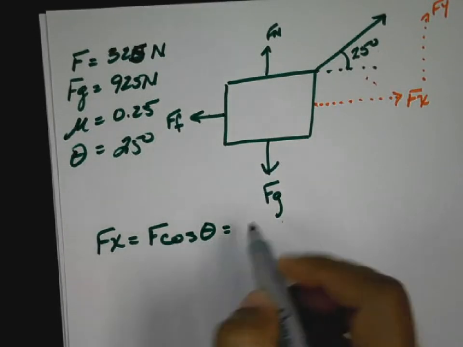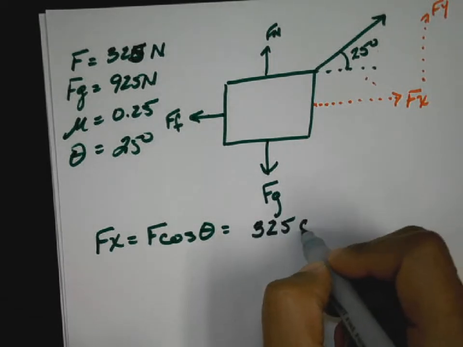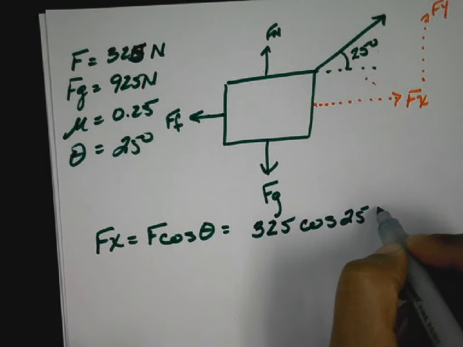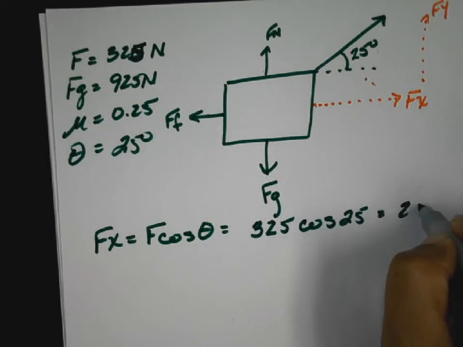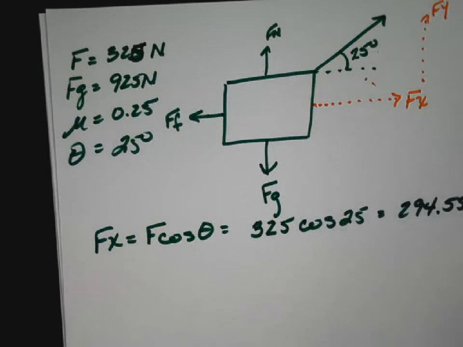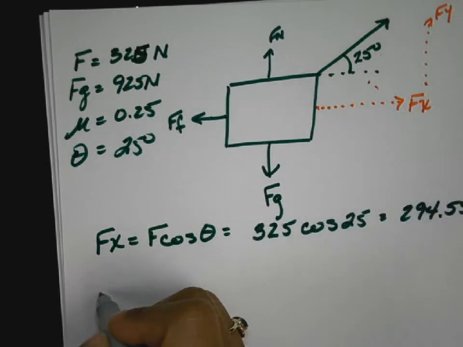So force on the x is F cosine theta, 325 cosine of 25, and that gives me 294.55 newtons. We have that number. Let's get the force on the y.